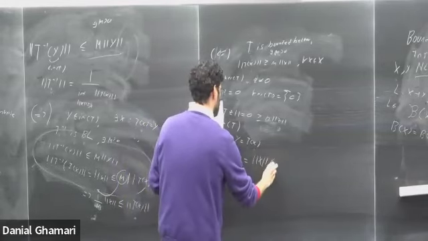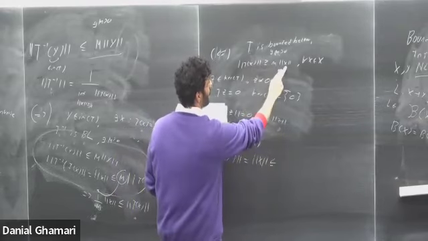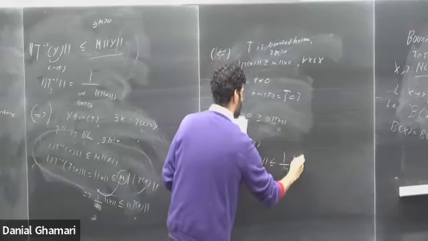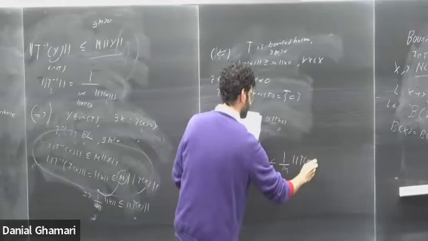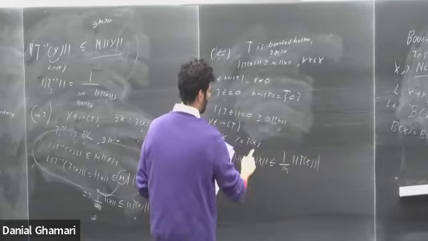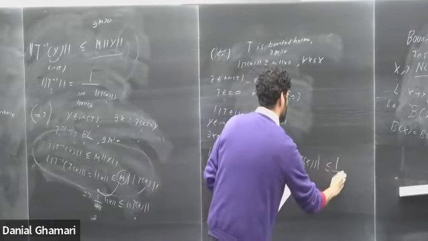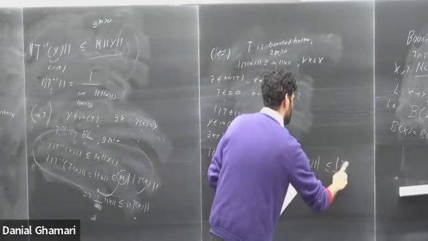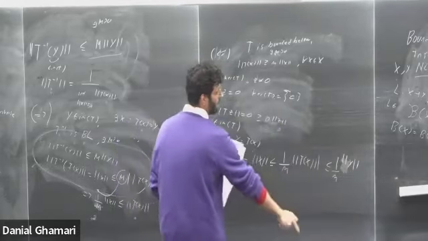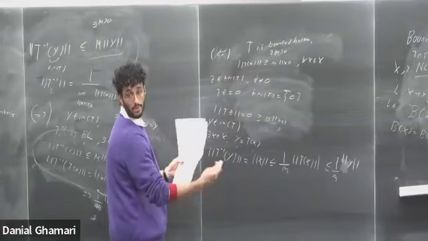And then because T is bounded below, from this result here, x is bounded above by 1 over m times the norm of T of x. And T of x is equal to y, so this is less than or equal to 1 over m norm y. Then I have T inverse of y is bounded above by 1 over m norm of y. So now what I have is T inverse is bounded above. So now we've shown the theorem.